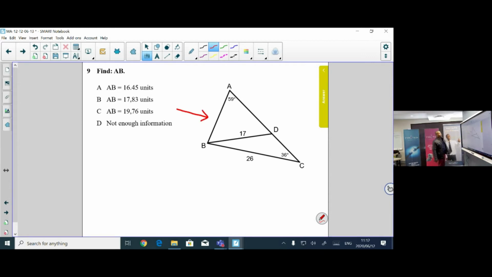Now, you see that there's a conflict of naming this particular line. So on one side, you could call this line from this D, you could call it small d.